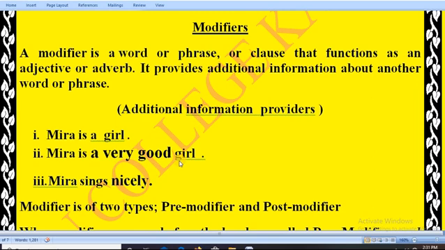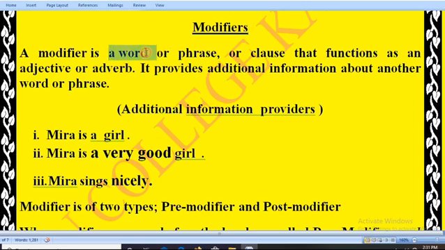If I say Mira is a very good girl, then this very has also added new information about Mira. So these words have given extra information about Mira. That's why these all are modifiers, right? In the definition we see additional information providers are called modifiers, right?